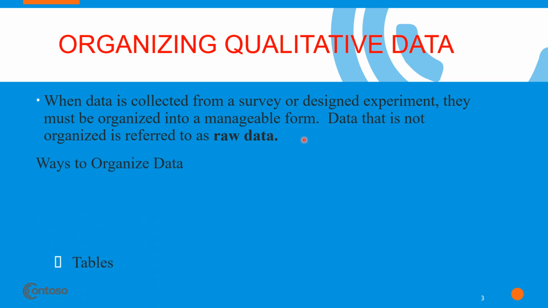Ways to organize data: we have tables, like frequency tables, graphs, which we will study later, and numerical summaries. It is important as a student of statistics, in all fields.